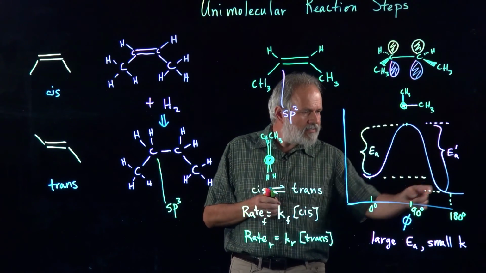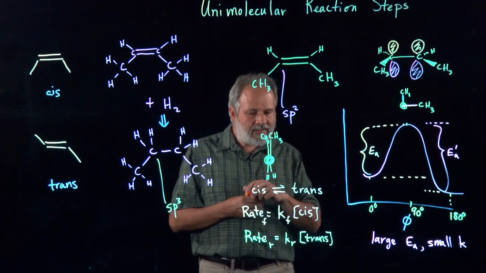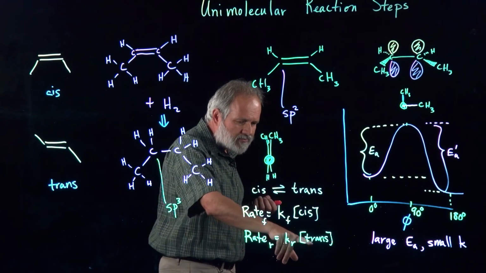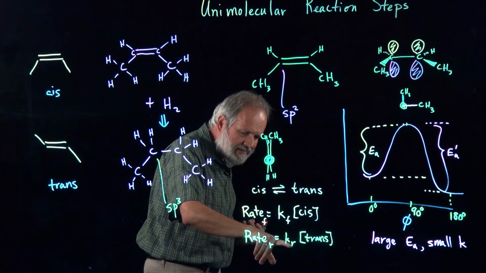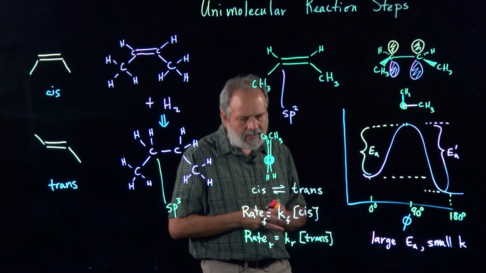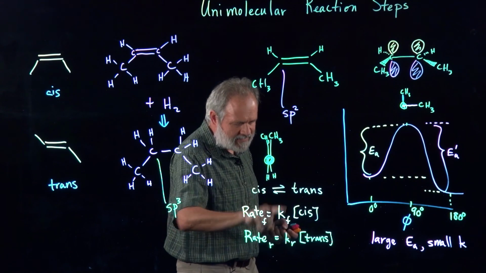All right, so since trans has the higher hill to get over, the trans rate constant for the reverse reaction from trans back to cis will be smaller than the forward one.